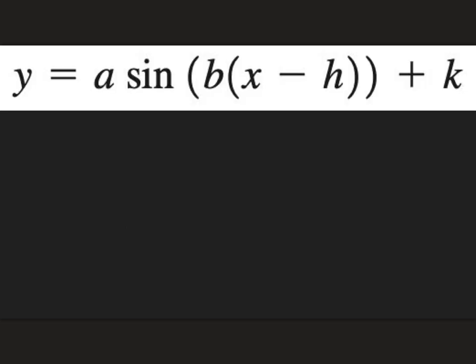Okay, so remember, when looking at graphs, A changes the amplitude, B changes the number of waves per period.